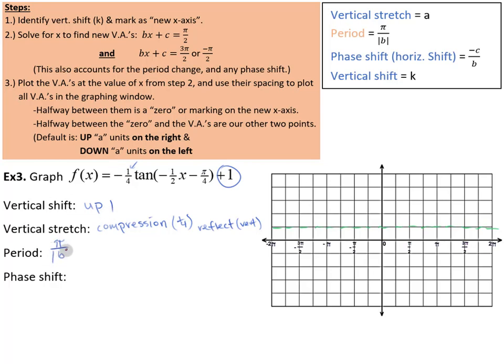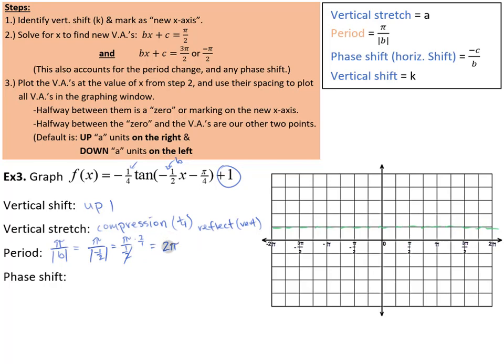The period, the absolute value of pi over b, or rather pi over the absolute value of b, I can't speak. So here our b value is -1/2. Remember, absolute value is going to change that to be positive. When you're dividing by a fraction, that's the same as multiplying by its reciprocal. The period ends up being 2 pi.